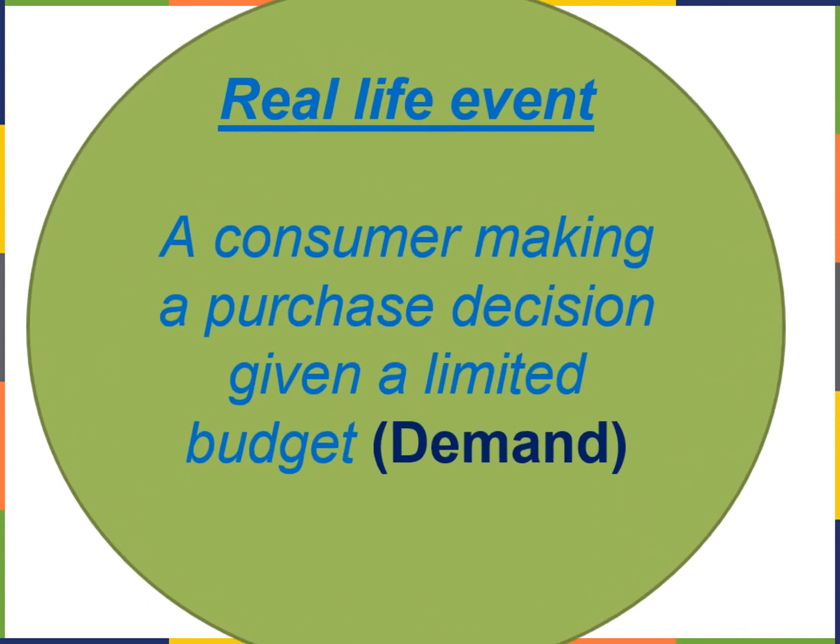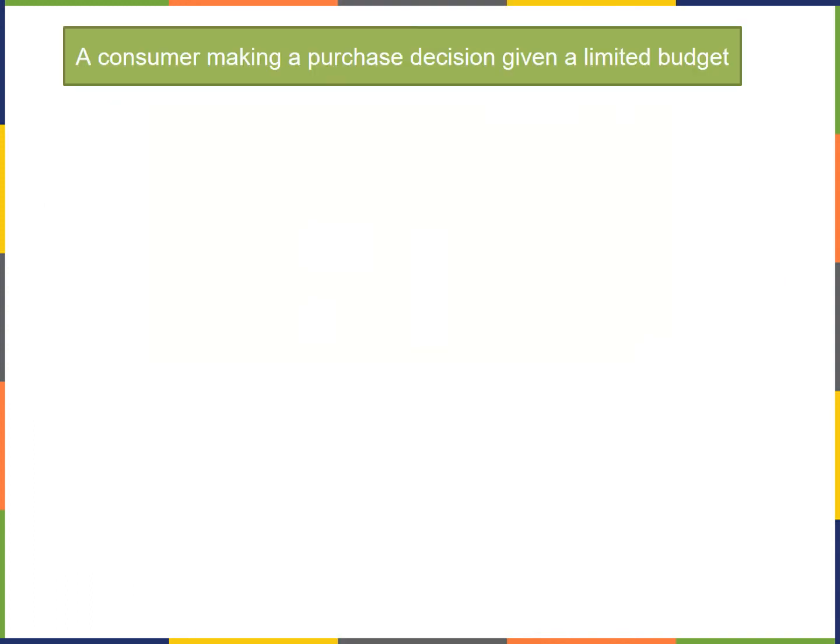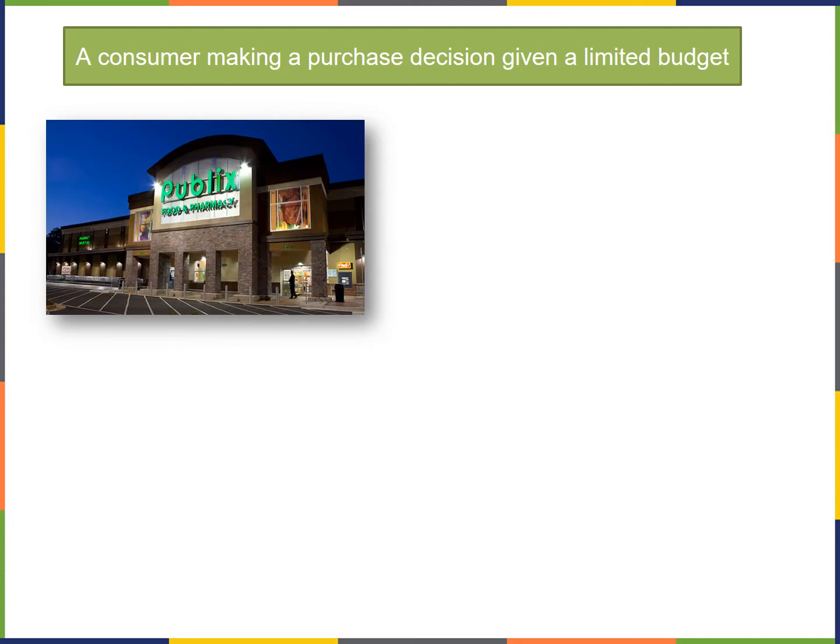So let's begin with the real life event, a consumer making a purchase decision with a limited budget. How do we apply our economic study? We begin by going to Publix, where we will observe a real life event.